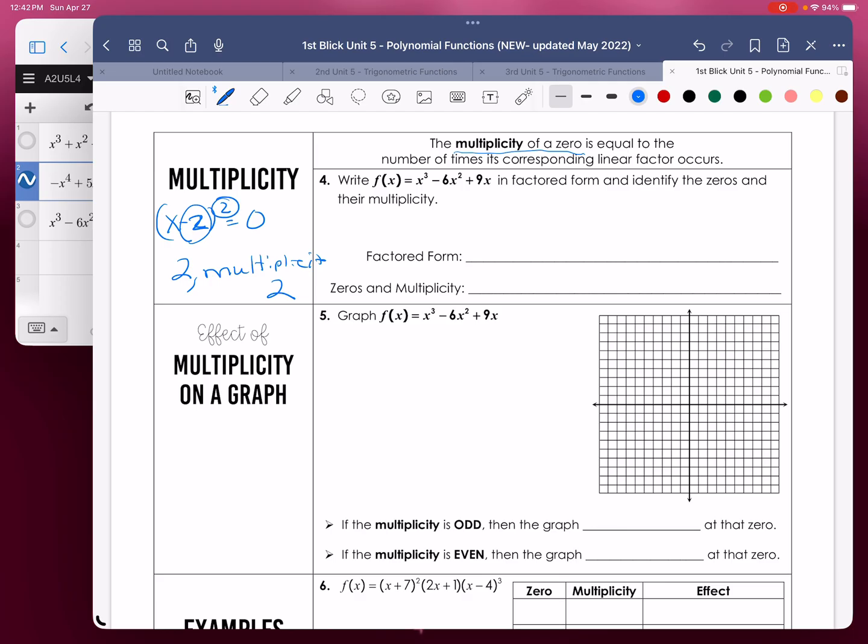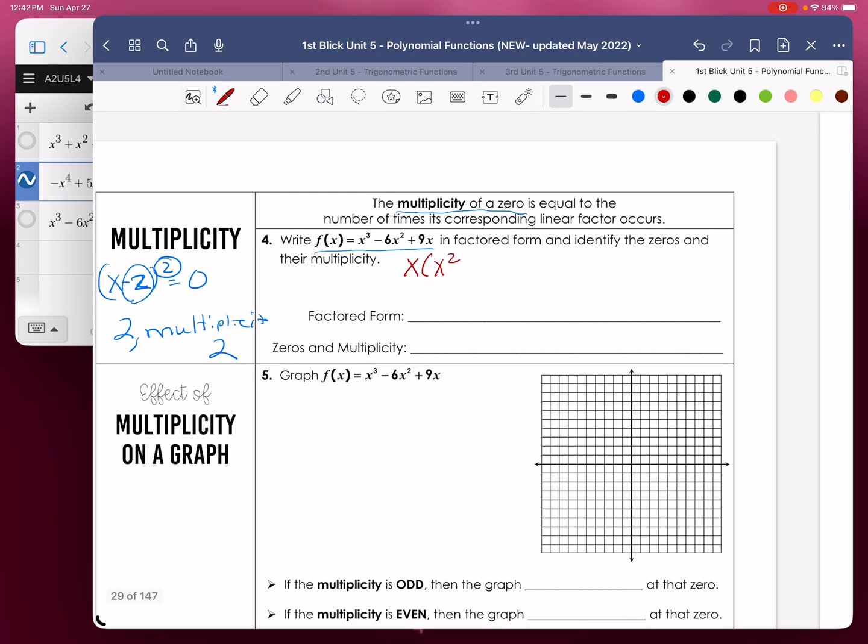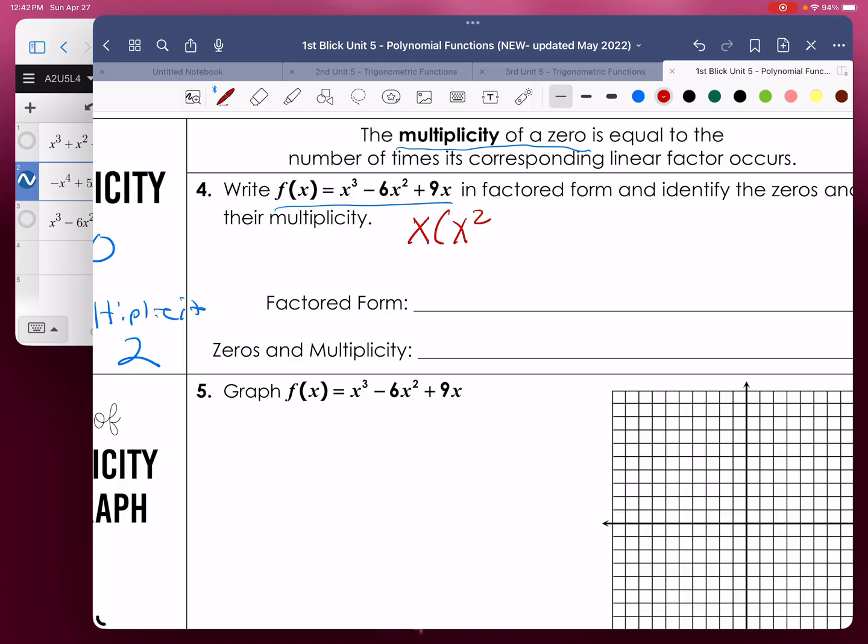So let's go to number 4, and we're going to write that in factored form and see if we can identify the zeros. So when we put that in factored form, we get a greatest common factor out first of x. So I have x times x squared minus 6x plus 9. Okay.